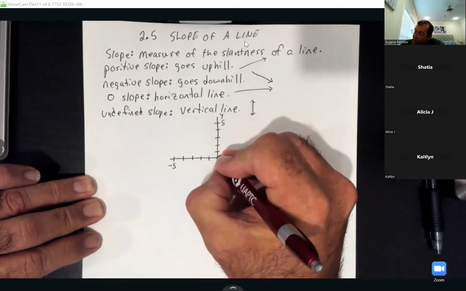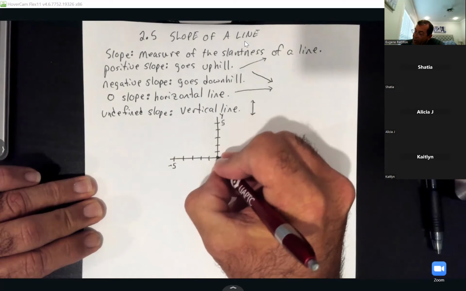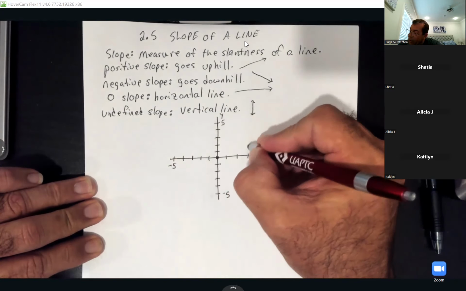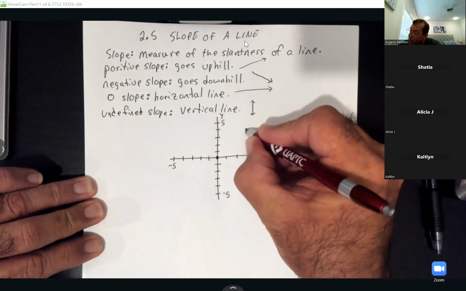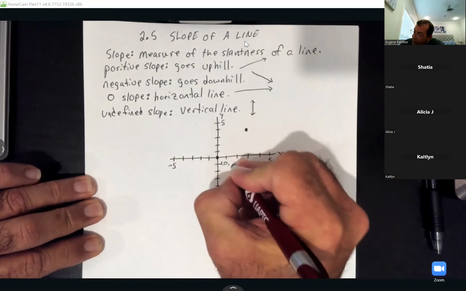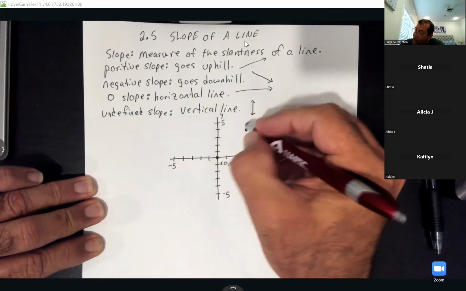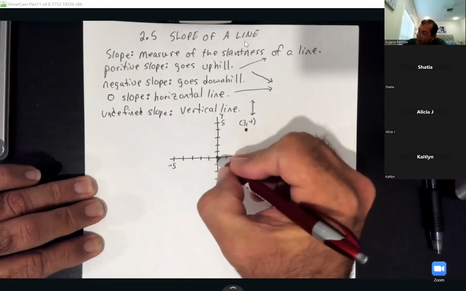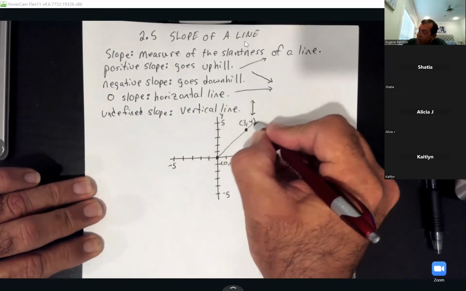So say my graph started in the center. I had a point in the center, and then let's say over here at 3, 4, I had another point. So this point here was 0, 0. This point here was 3, 4. And then my line's going to go straight through this.